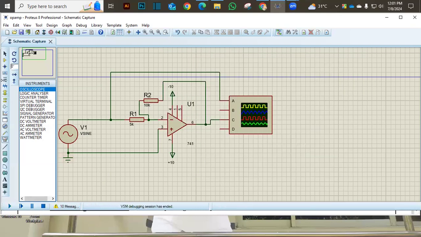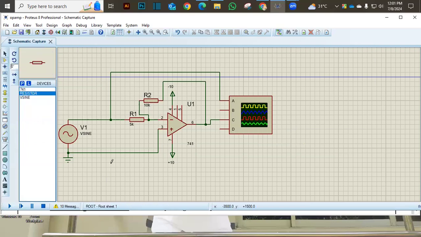Now we are going to create a non-inverting amplifier. To create a non-inverting amplifier, we need to connect the supply voltage through a resistor at terminal 3.